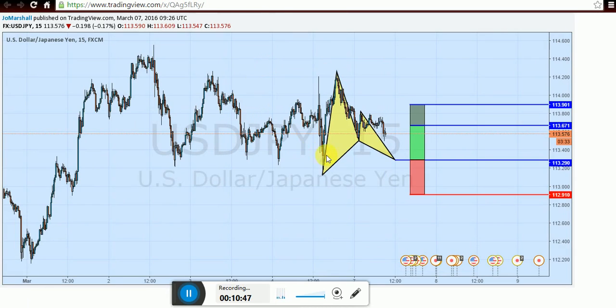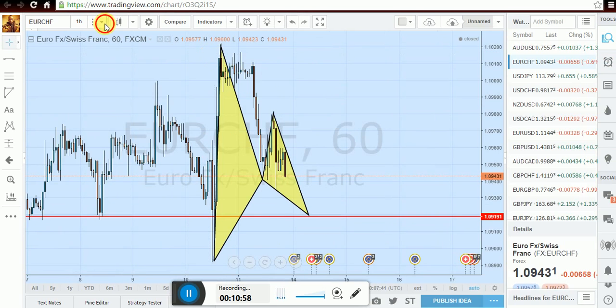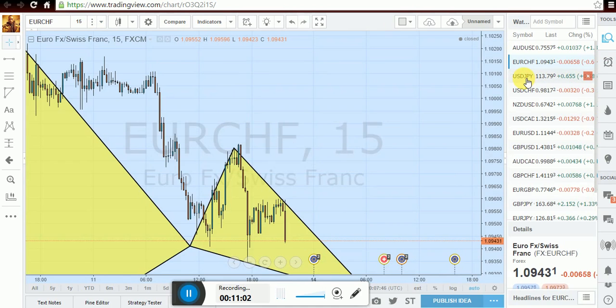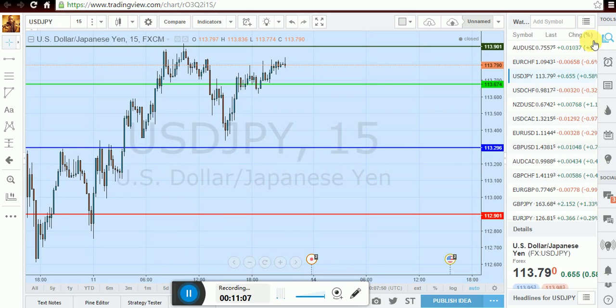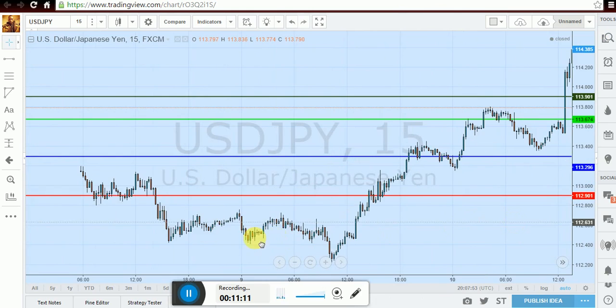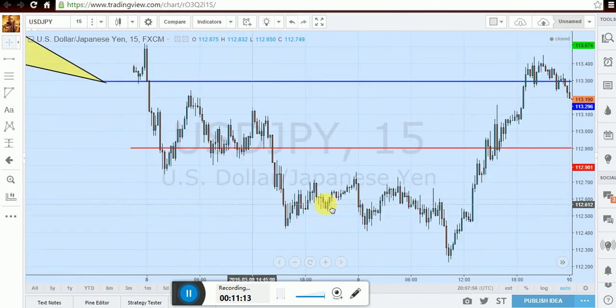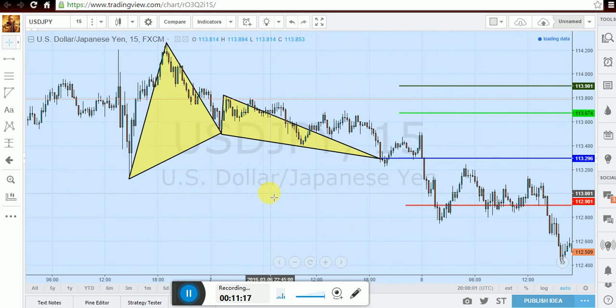The first trade that I sent out this week was a bullish Gartley on the US dollar yen. So let me bring up that chart. Dollar yen, I think it was on the 15 minute time frame. So there it is, the bullish Gartley pattern.